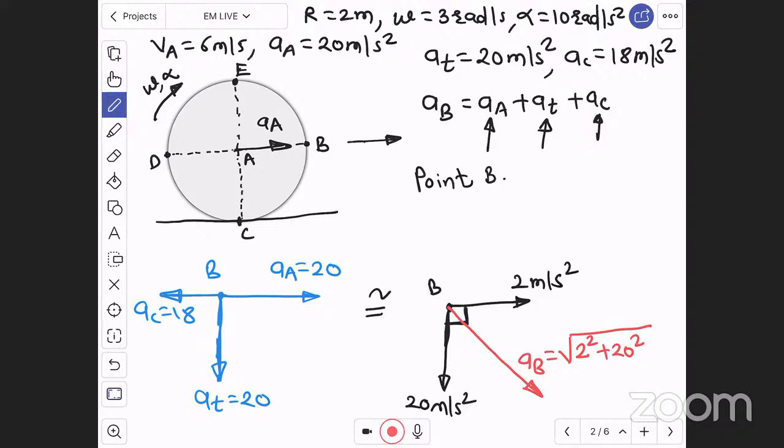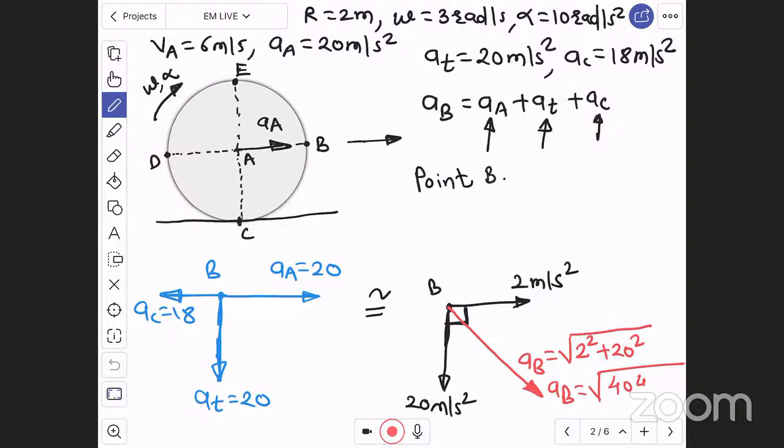Now solve this. Whatever may be your answer, I don't know the answer. My dear students, I don't know the answer. This will be the direction of B. Here direction is represented by arrow and magnitude is given here. Under root of 2 square plus 20 square, which will be acceleration of B, will be equal to under root of 2 square is 4, 20 square is 400, right? 404.